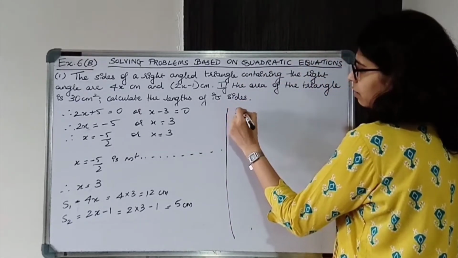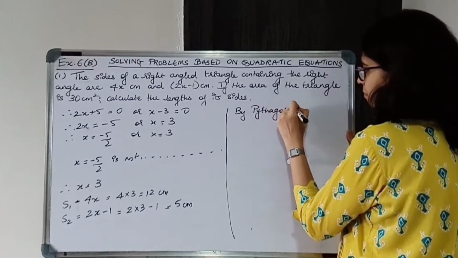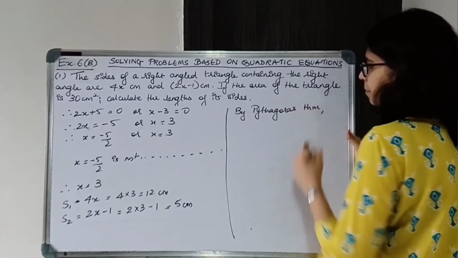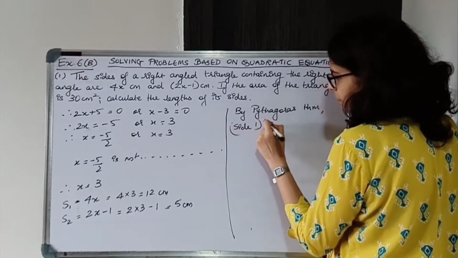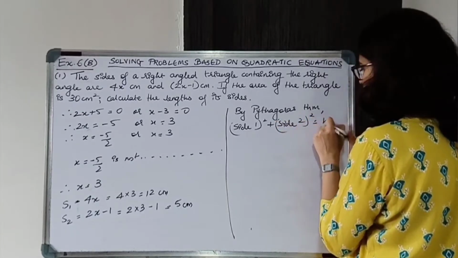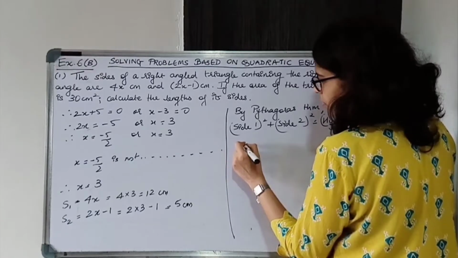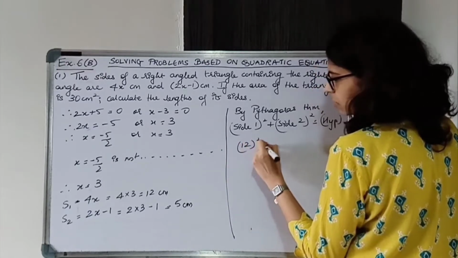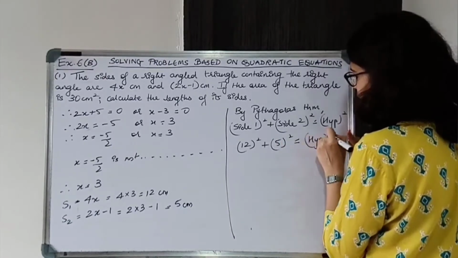So by Pythagoras theorem, side 1 square plus side 2 square is equal to hypotenuse square. So side 1 is 12, this is 5, hypotenuse we have to find.